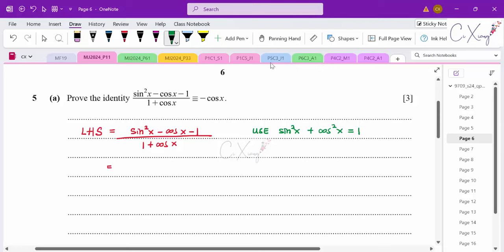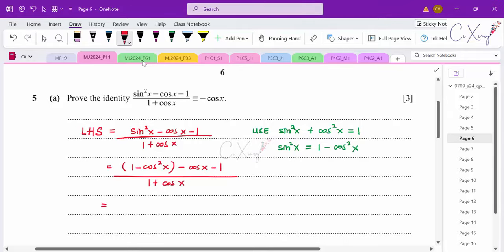So if I have sine square x, I can replace it with 1 minus cos square x. So the sine square x here, I replace it with 1 minus cos square x, and then minus cos x minus 1, divided by 1 plus cos x.